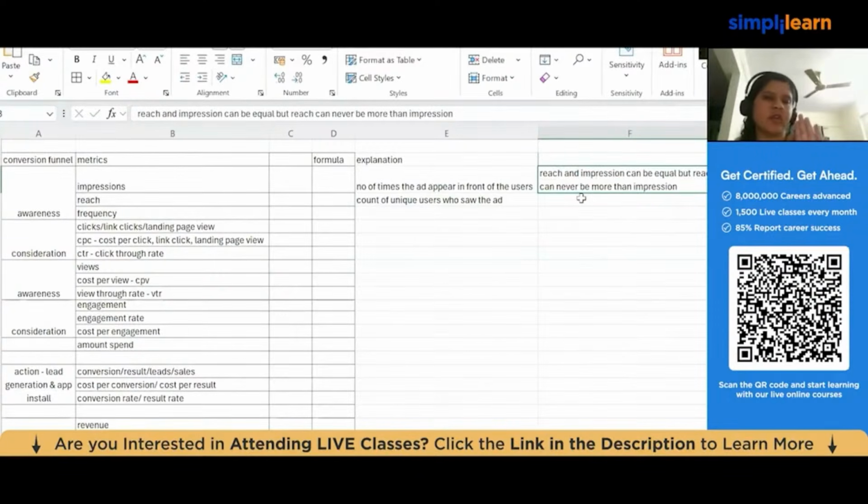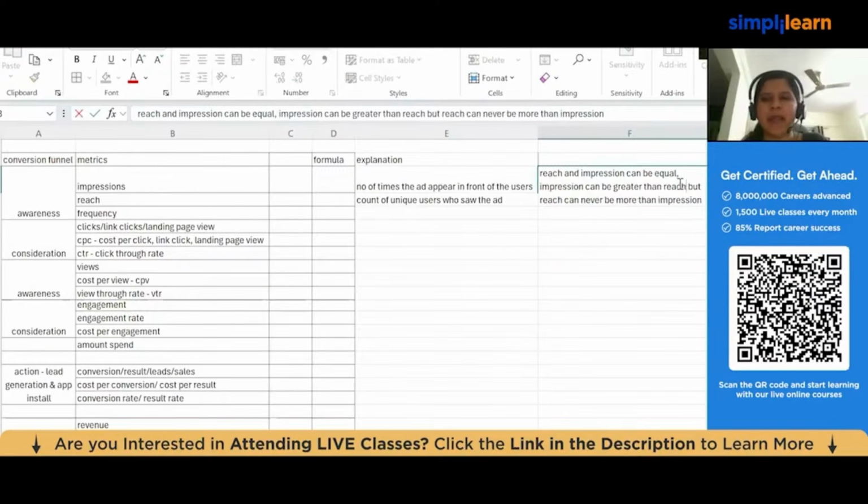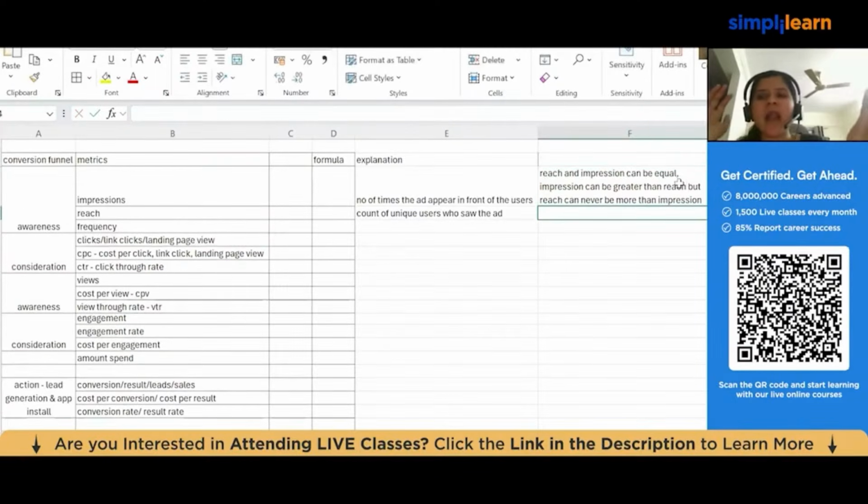So your reach and impression number can be equal. I'll write three conditions over here. Your impression can be greater than reach because, as I said, if the impression is 10 and reach is 1, that means one person has seen the ad 10 times. But it can't be vice versa. Your reach can never be more than impressions.